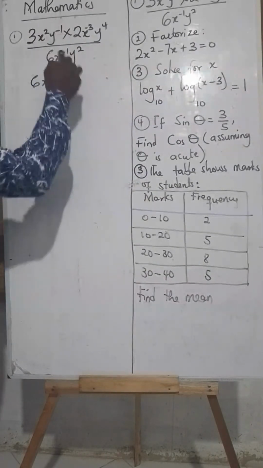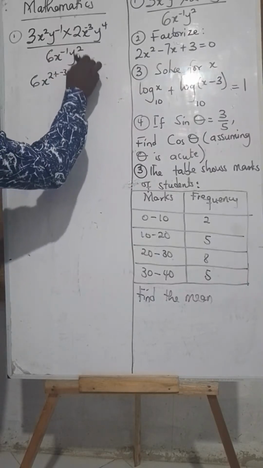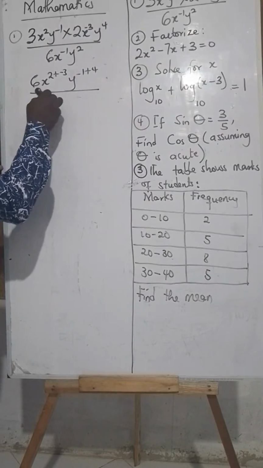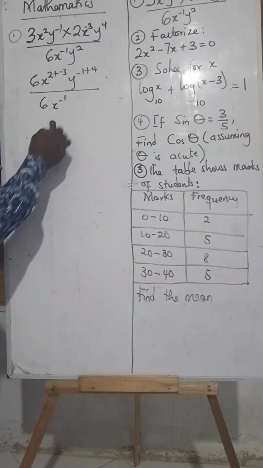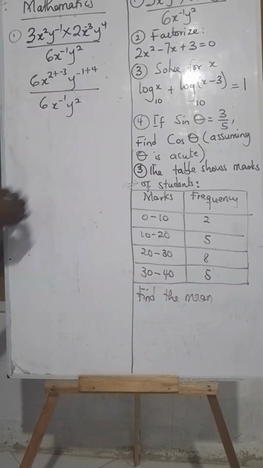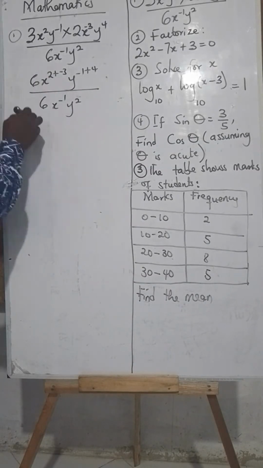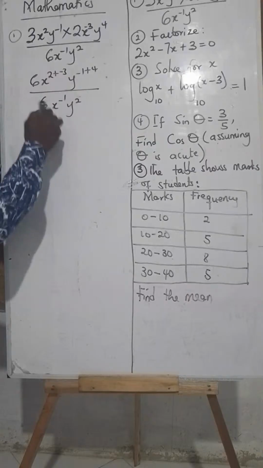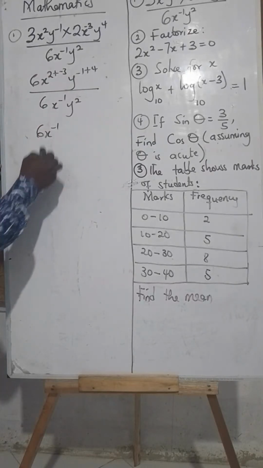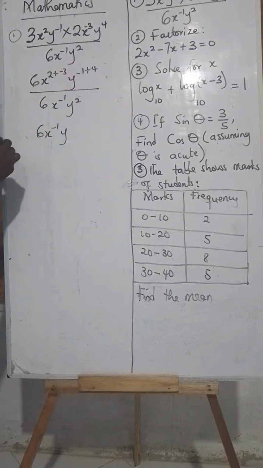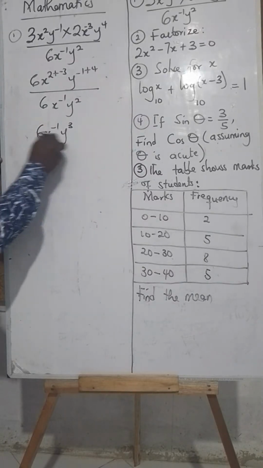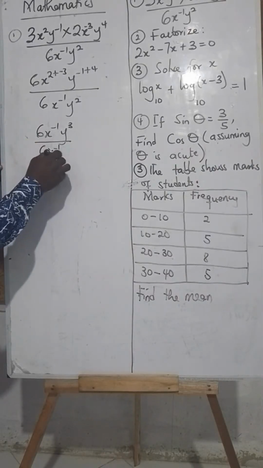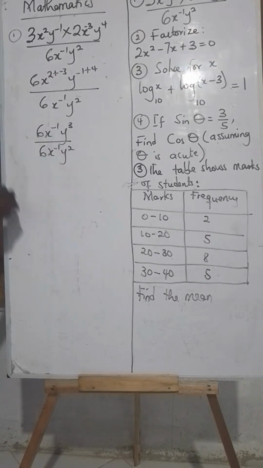Then with the y, you have minus 1 plus 4, all divided by 6x exponent negative 1 y squared. So with this we have 6x exponent negative 1, y exponent 3, all divided by 6, x exponent negative 1, y exponent 2.